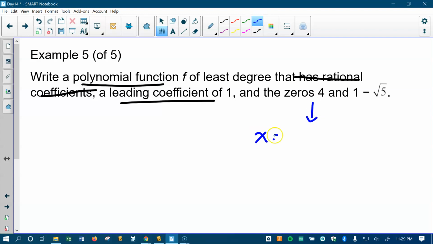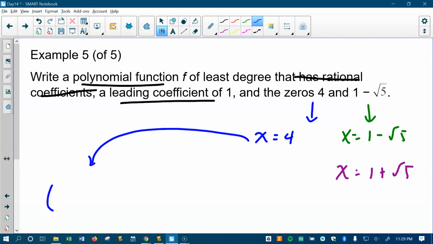That means x equals 4, and this part means that x is equal to 1 minus root 5. And then it also means there's one more part, the conjugate, where x is equal to 1 plus root 5. In blue, the factored form is x minus 4, going backwards, just changing the sign.